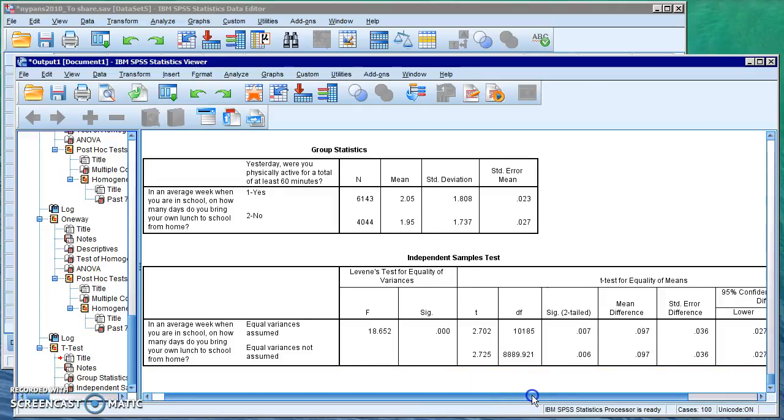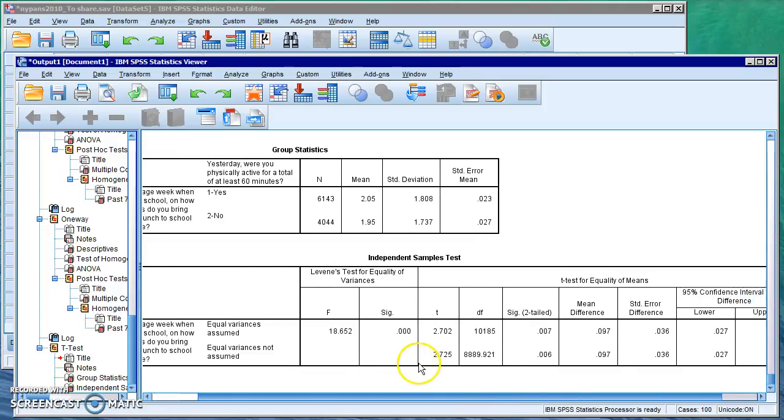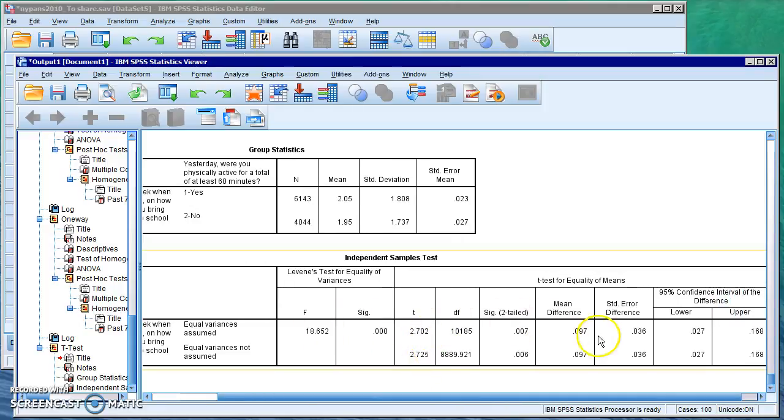We're going to look on the bottom. If it were greater than 0.05, we would look on the top row. This shows us equal variances assumed and equal variances not assumed. If the significance, or the p-value, is less than our significance level, then we would go toward equal variances not assumed. That's this bottom level.